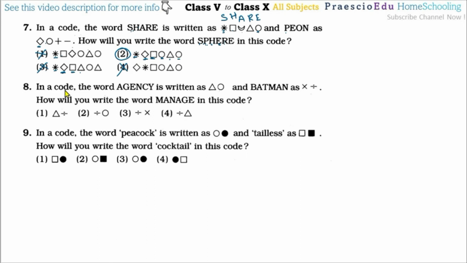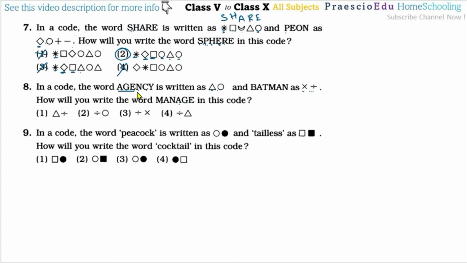Then question number 8. In a code, the word AGENCY is written as these two symbols. Then BAT and MAN are written as these two symbols. Then how will you write the word MANAGE in this code?